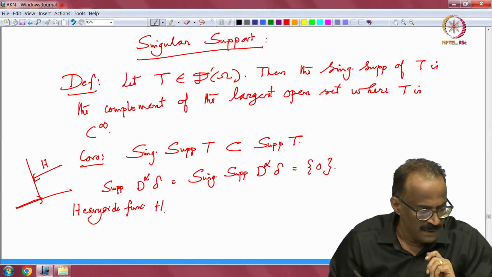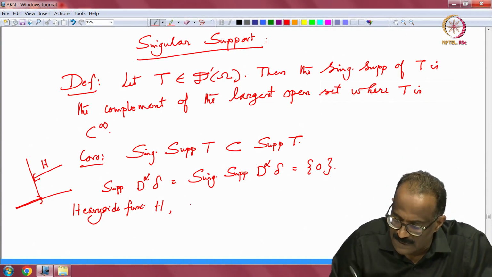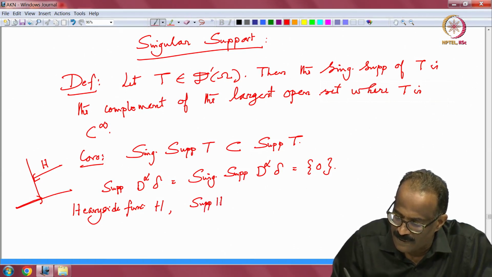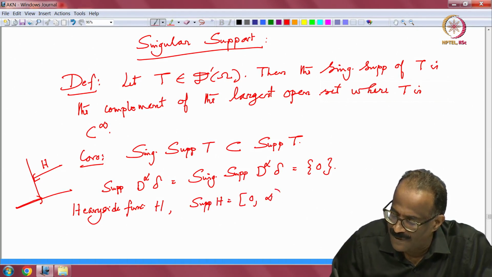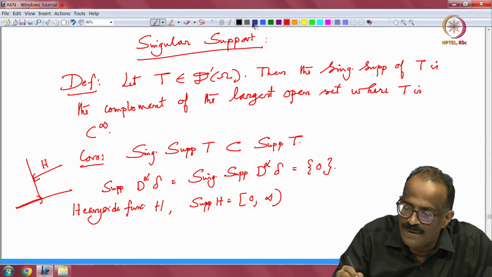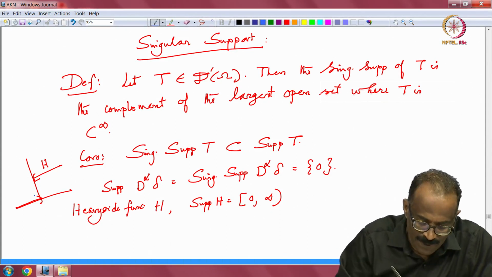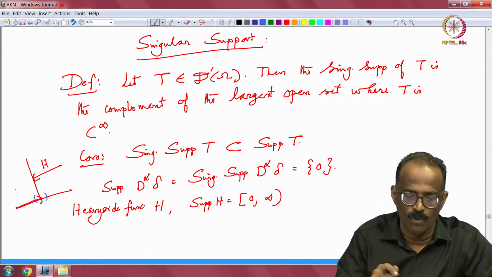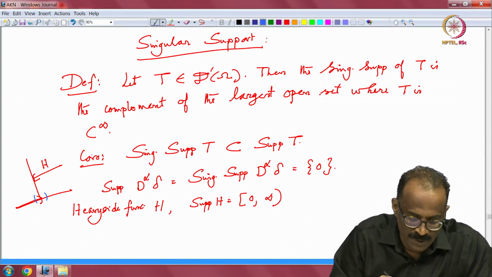Here the support of H is equal to the closed interval 0 to infinity, but if you remove any neighborhood of 0, at all other places, on each open set, H is C infinity.